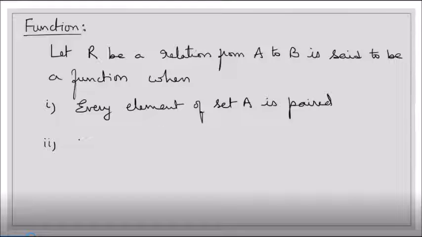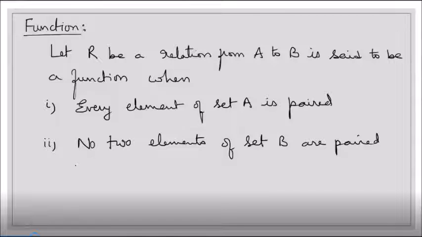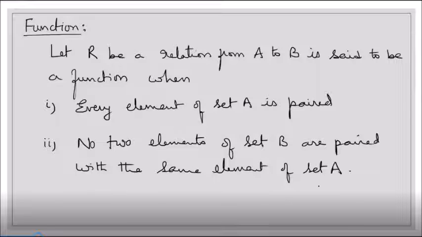Second, no two elements of set B are paired with the same element of set A. Now, if these two conditions are satisfied, then it is called a function.